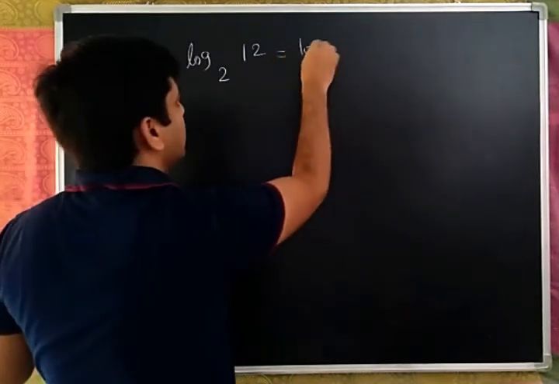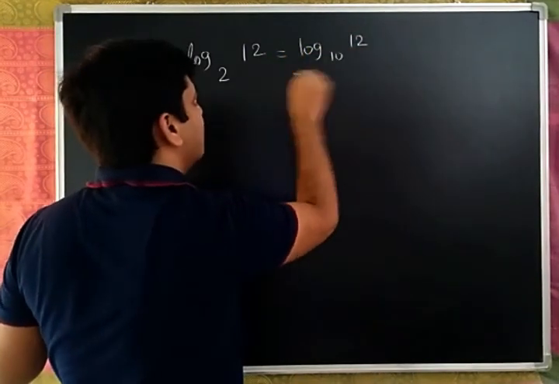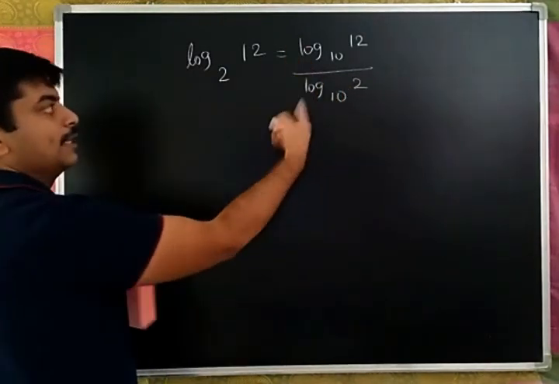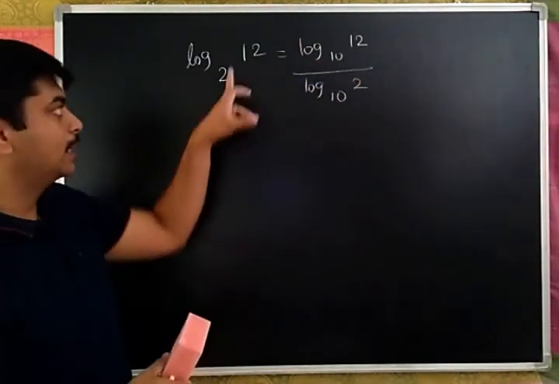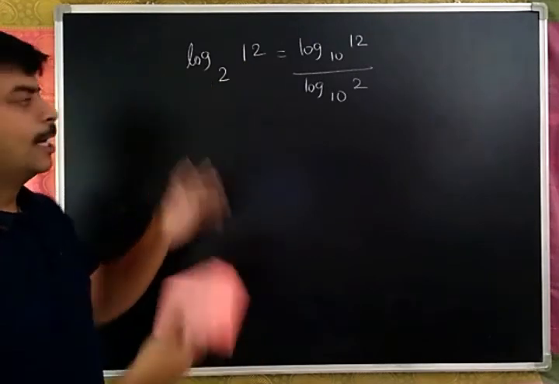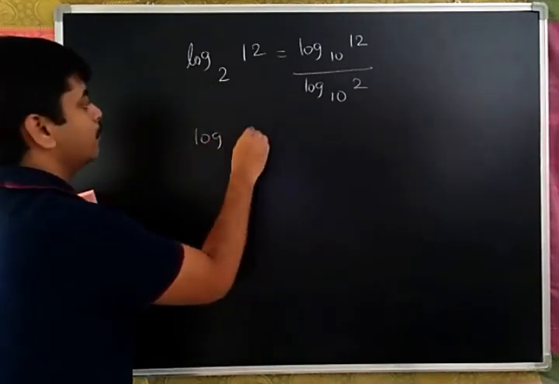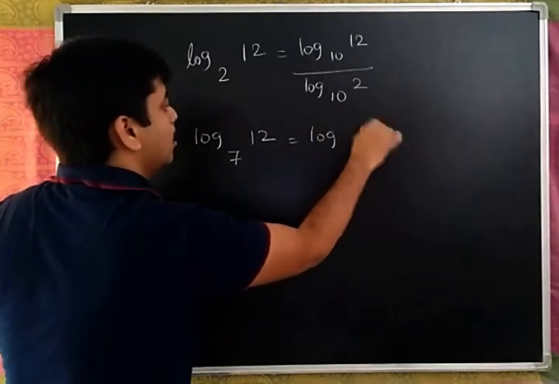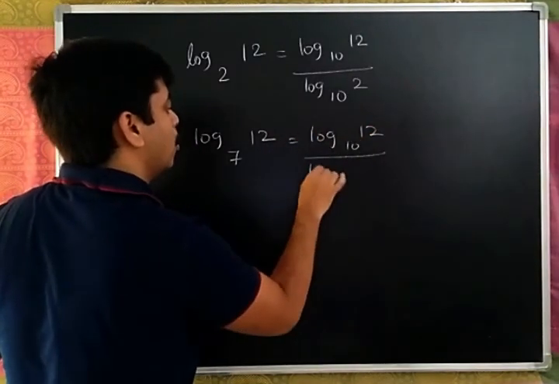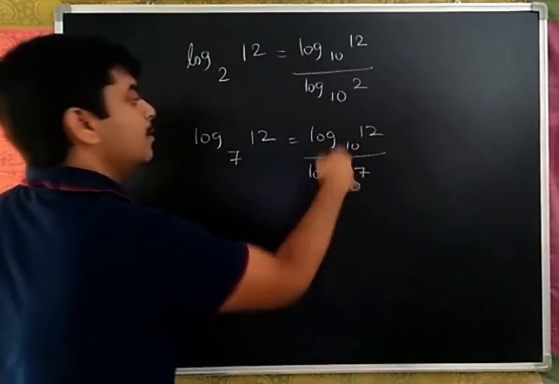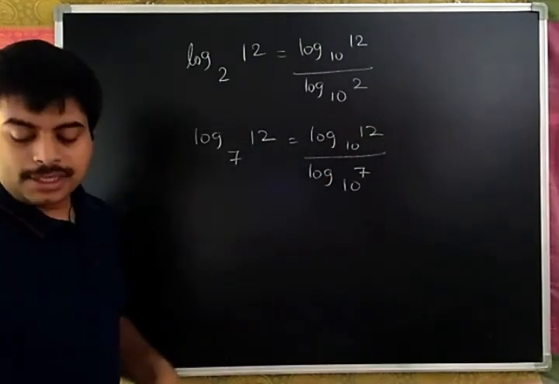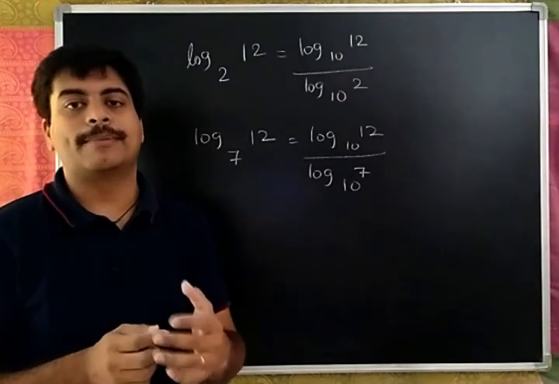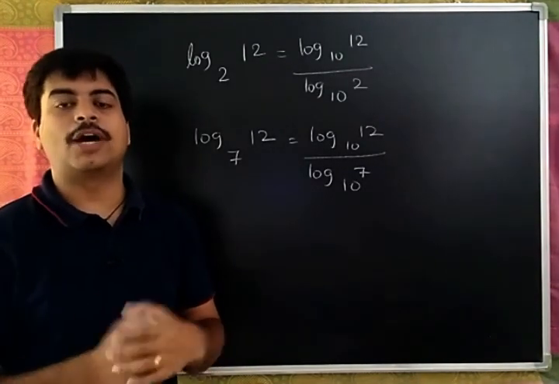Write this as log 12 to the base 10 divided by log 2 to the base 10. Individually find these, and divide the two to get the value of log 12 to the base 2. Base can be anything, say log 12 to the base 7. Find log 12 to the base 10 and log 7 to the base 10, and divide.